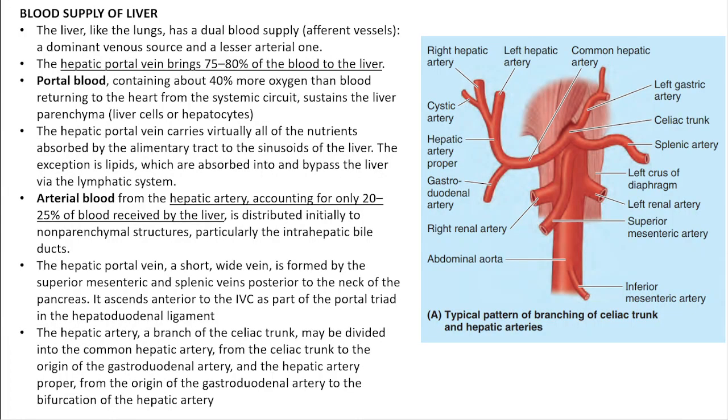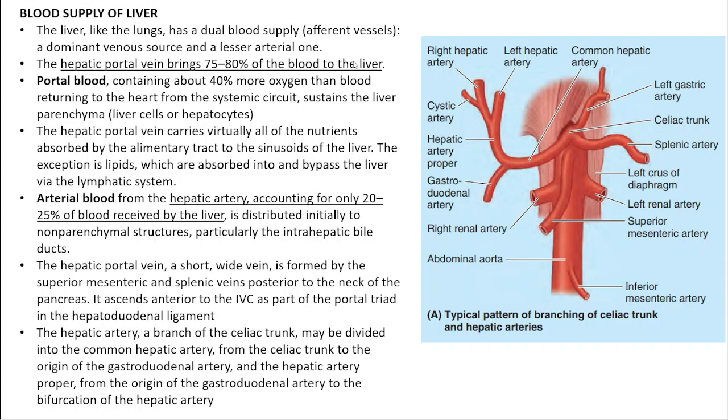Then we come to the blood supply of the liver. Now the liver, like the lungs, has a dual blood supply. It has a dominant venous blood supply and a comparatively lesser, by volume, arterial blood supply. So the hepatic portal vein is going to bring venous blood, which constitutes roughly 75 to 80%, or three-fourths, of the blood supply of the liver.